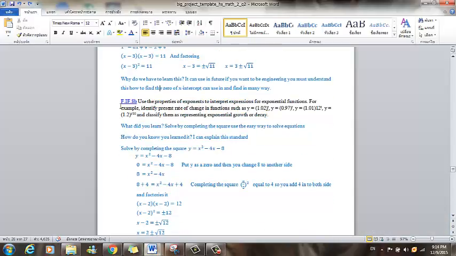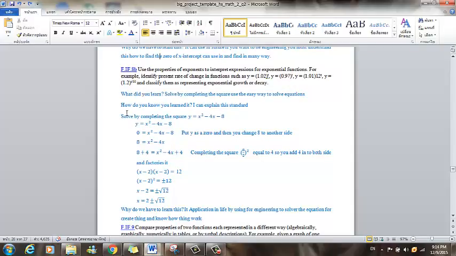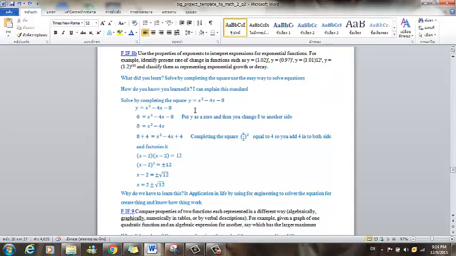So next is FIF8B. What did you learn? We solve by completing the square, using the easy way to solve the equation. How do you know you learned it? I can explain. By completing the square, you have y, right?